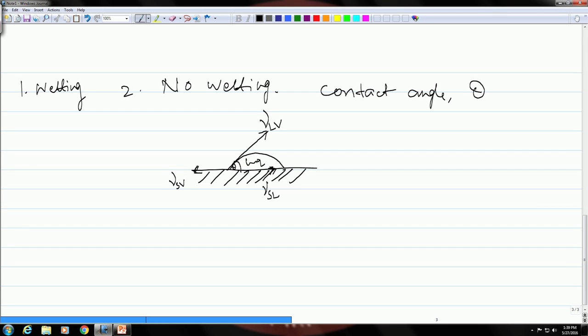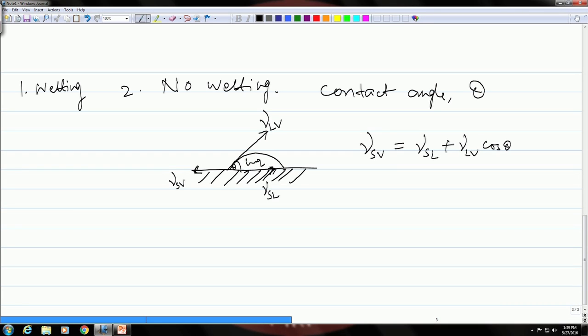Now, if you take the balance of forces, you have gamma SV being balanced by gamma SL plus gamma LV cos theta.